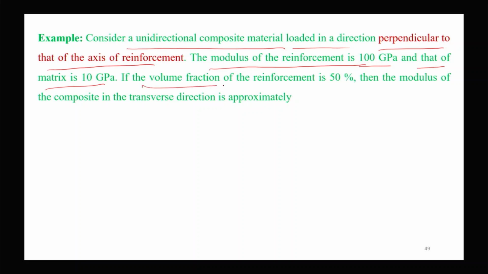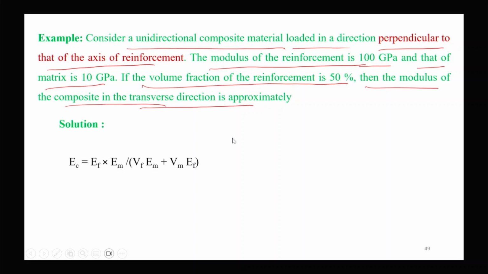If the volume fraction of the reinforcement is 50%, the fiber volume fraction is 0.5 and the matrix volume fraction will also be 0.5. Then what is the modulus of the composite in the transverse direction?